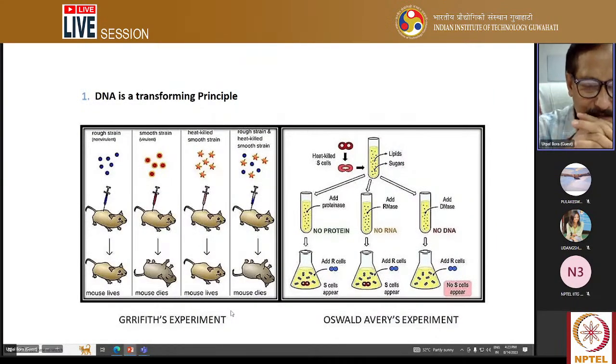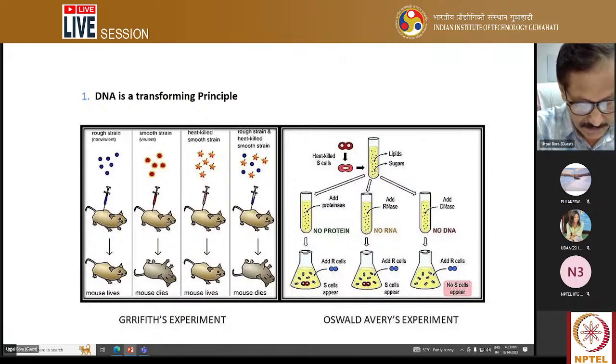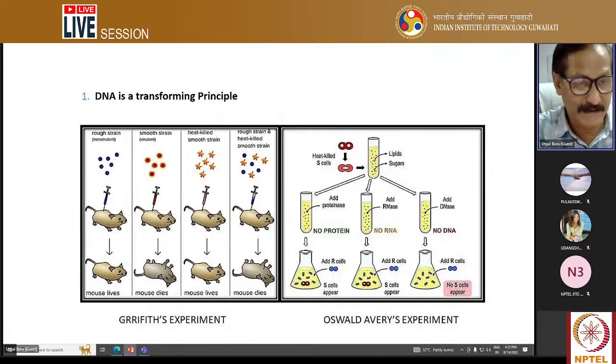So basically in this lecture, we were referring to Griffith's experiment, where he had taken a rough strain which is non-virulent. If this rough strain of Streptococcus pneumoniae bacteria is injected into mice, as it is non-virulent and safe, it will not cause any disease, due to which the mice will live.